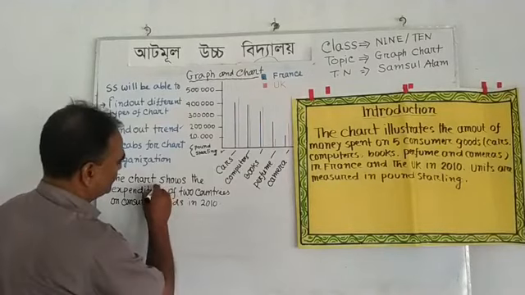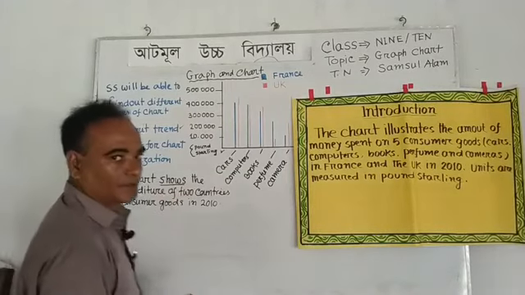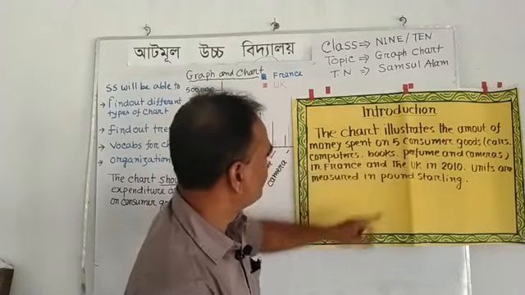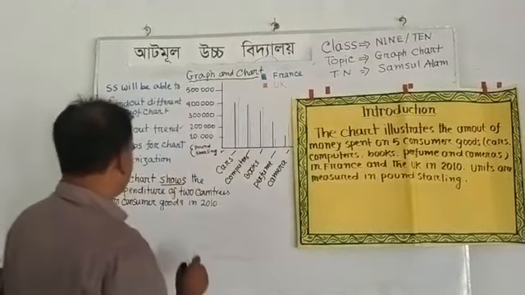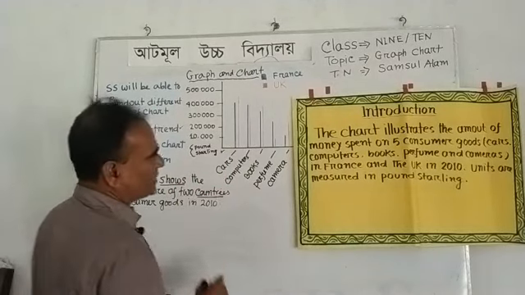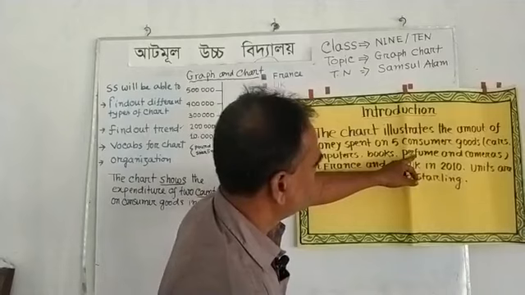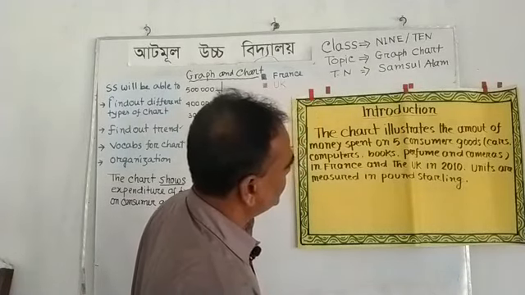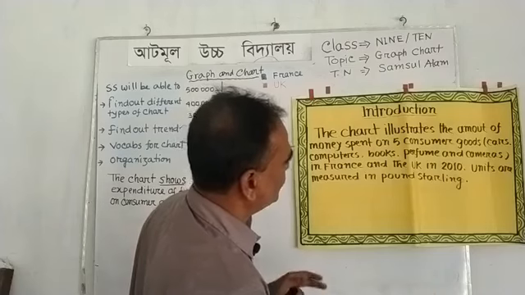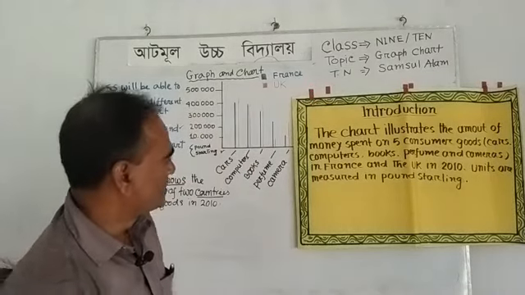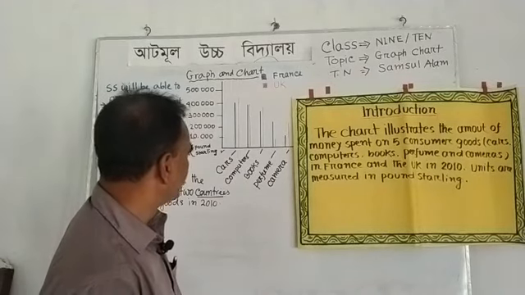Here we can see "shows", but we have written "illustrates". And for the consumer goods, we have made a list here: cars, computers, books, perfume, and cameras. We have put a bracket to show the categories.